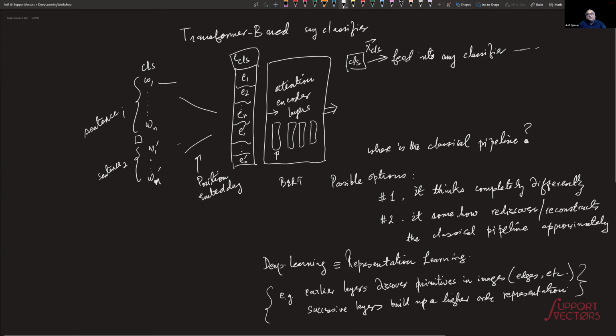It is a little bit more complex. It is based on the representations discovered from the previous layer, and it is feeding that into the next layer, which will build an even higher order representation from that layer. So I hope this is a summary of what we have known so far in this workshop.